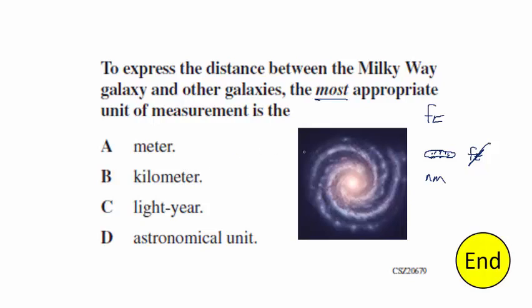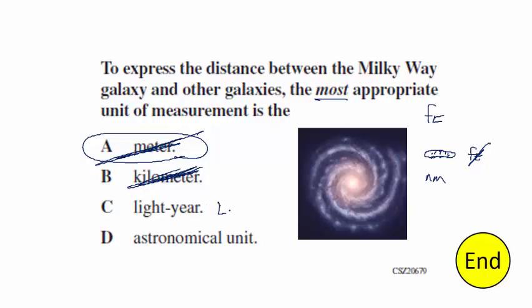So galaxies are very, very far apart, so we need a very monstrous unit to measure the distance between them. Meters, which are kind of similar to feet, don't work. Not big enough. Kilometers are not big enough. Kilometers are similar to miles. A light year is the distance that light travels in 1 year, and light moves very quickly.